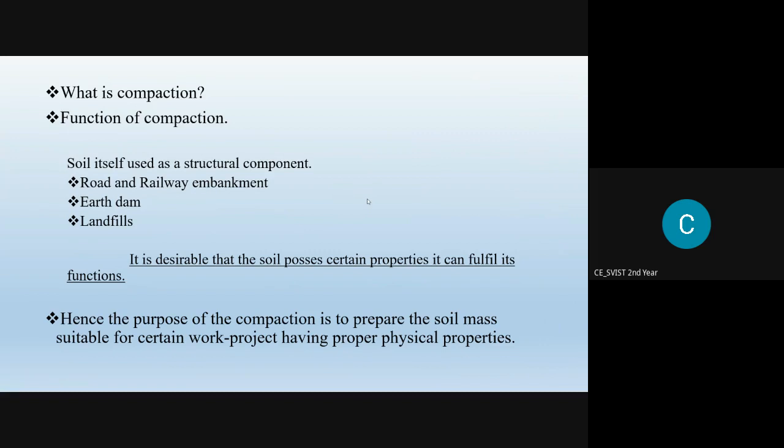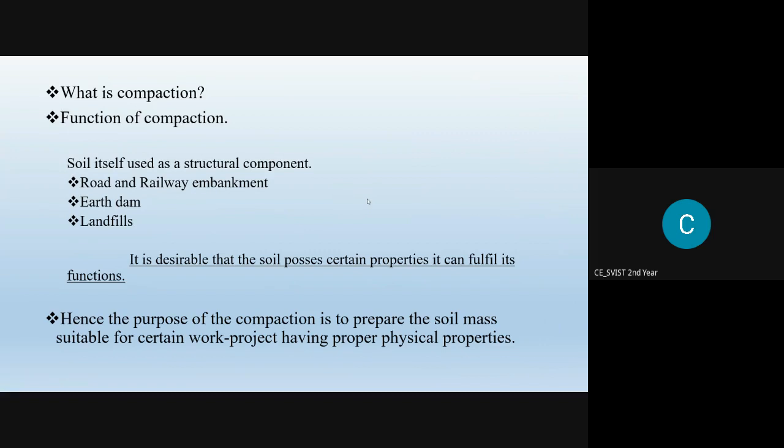If the voids are present in that soil mass, suppose in the earth dam or the railway embankment, after a certain time the embankment will settle, or in the earth dam, the water will pass through that void.